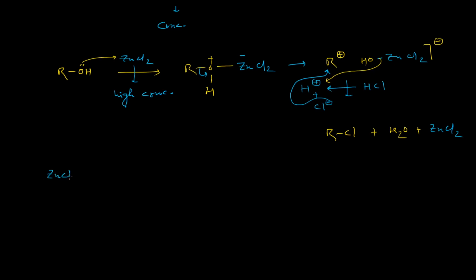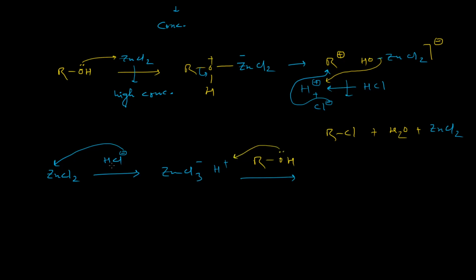In that case, zinc chloride will first react with the HCl. This Cl minus will be coordinated with the zinc center, and this species will actually form, and then the alcohol molecule will be protonated by this H plus.